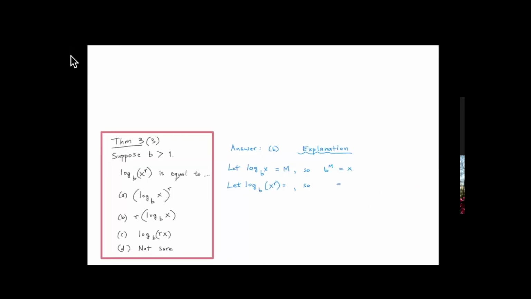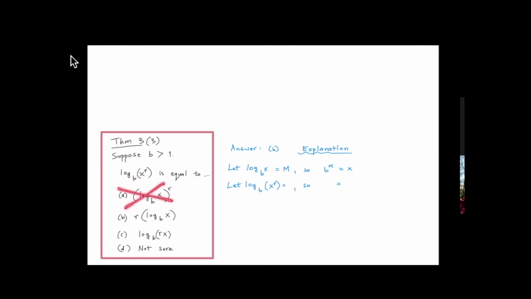Here's another logarithm rule. You can either remember this or you can go through what I'm about to do. So we have this log base b of x to the r, and r is inside of the parenthesis. In general, this here, where r is outside, is not going to be equal to what we have.